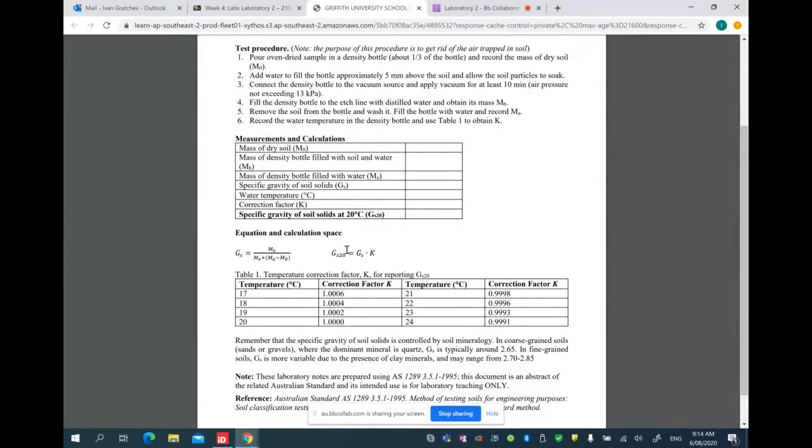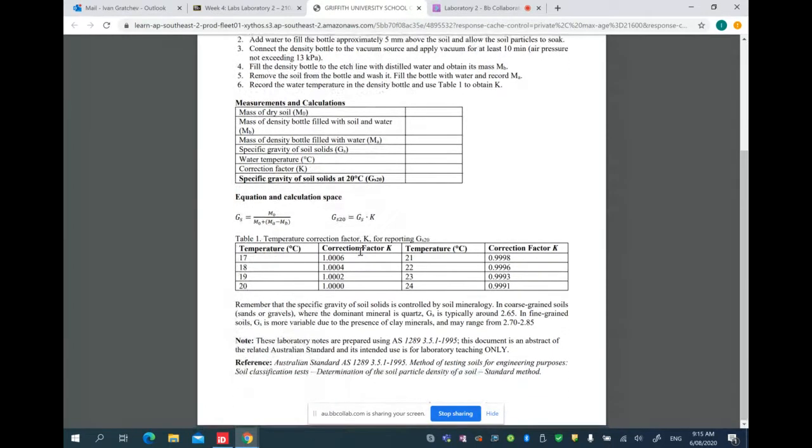And what I do last is use the temperature correction factor. Based on the temperature of the water that we use, we correct the specific gravity. You see, there is not really much change. The correction factor is very close to 1, 0.9998. It's because the density of water slightly varies based on temperature.